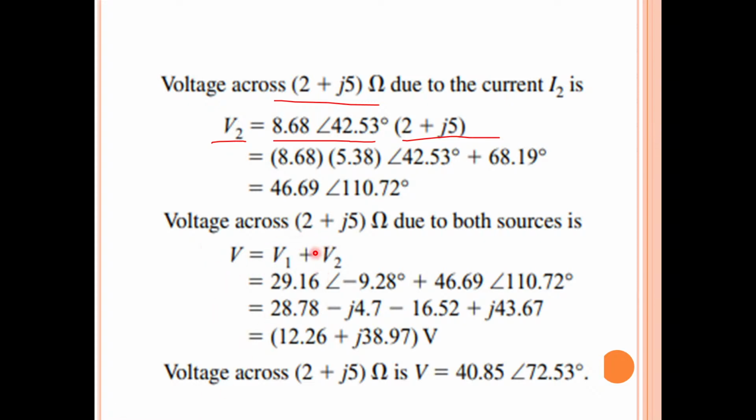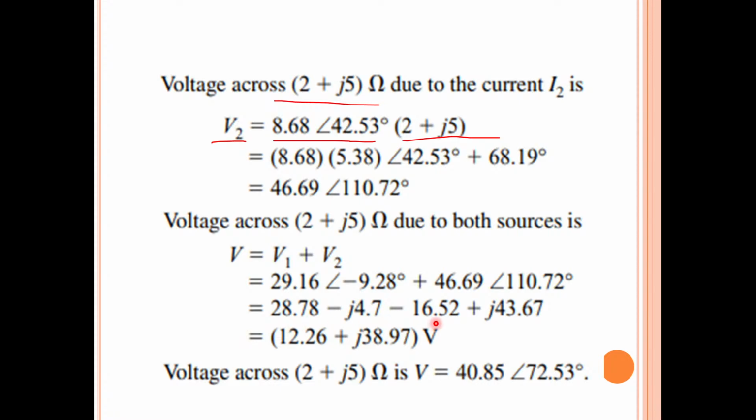Now the voltage across 2 plus j5 is V1 plus V2. V1 value is 29.16 at an angle of minus 9.28, which we have solved. And V2 is 46.69 at an angle of 110.72. Now both are in polar, so convert them into rectangular. You will get 28.78 minus j4.7, and minus 16.52 plus j43.67.